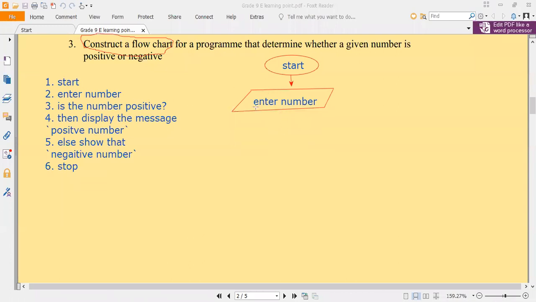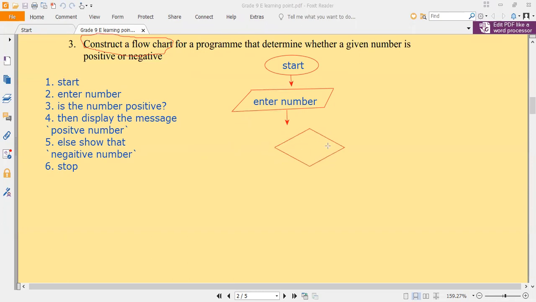Now, when you go to this next shape, this is a decision that we're going to make. We are tasked to indicate whether the number is positive or negative, because we have just entered that number, but we don't know the nature of the number. So we're going to indicate a decision shape. How do you get a decision shape?